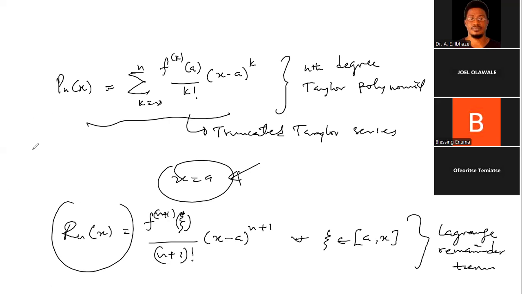So let us look at a simple example. Let's assume we want to approximate a function f of x being e to the x at some point x being the same as 0.5.